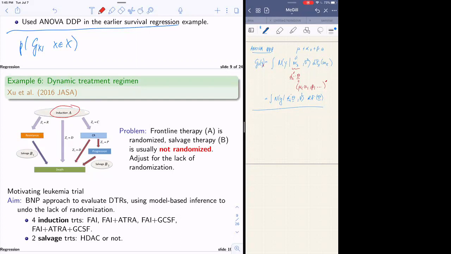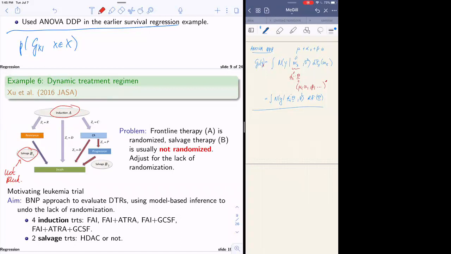But then all kinds of things can happen in a trial. Patients can show resistance. When they show resistance, then they get a salvage therapy, like a second-line therapy. The point is, when those patients are assigned a second-line therapy after they showed resistance, clinicians are reluctant to randomize. So this salvage therapy is not randomized.